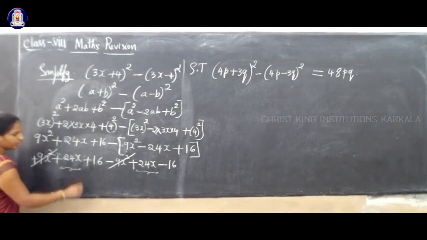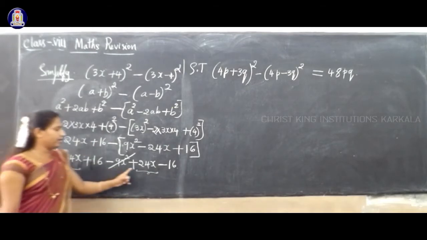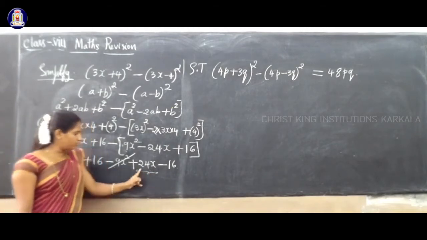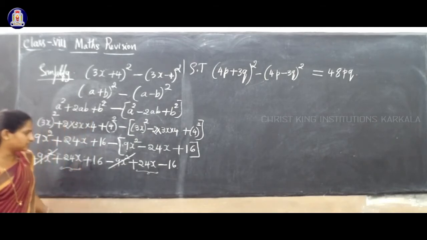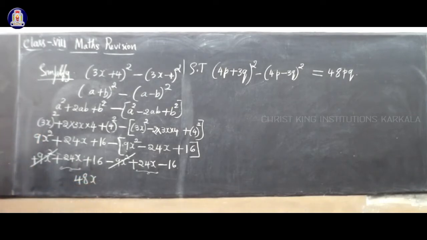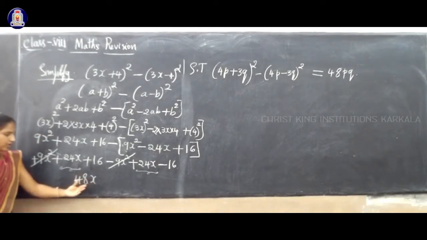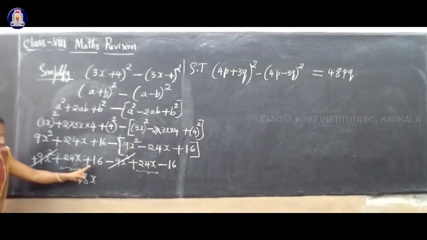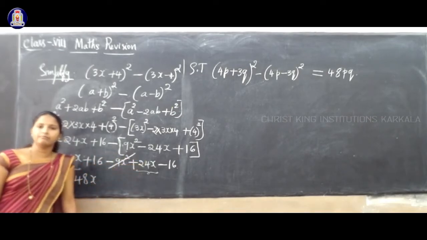They are also like terms, so you can add: 24 plus 24 is 48x. Now the remaining terms are plus 16 and minus 16.